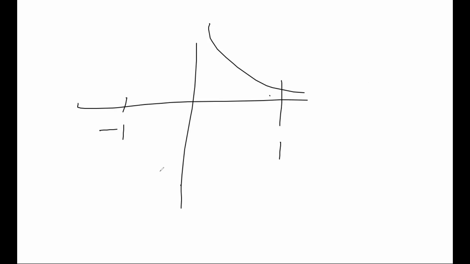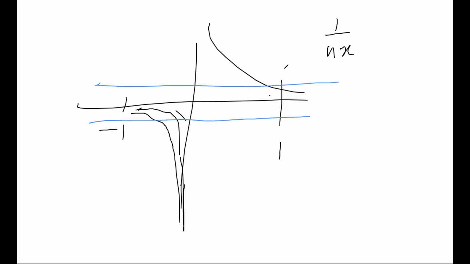Clearly it won't be uniformly convergent, because you can always find some parts here, and the parts here go up too quickly.